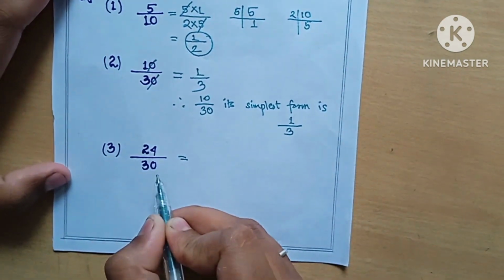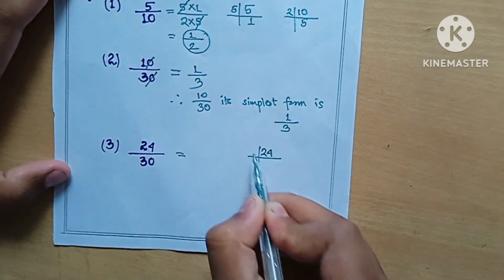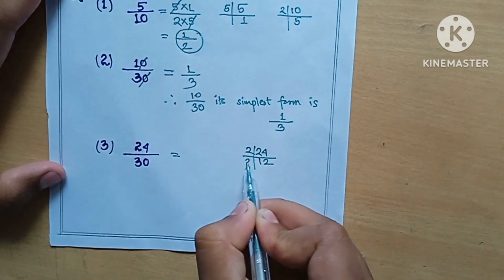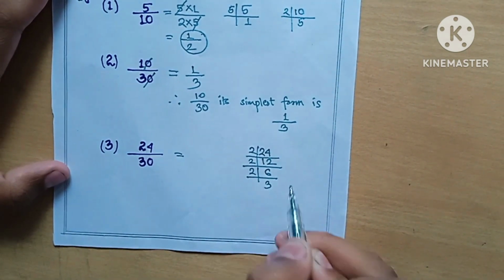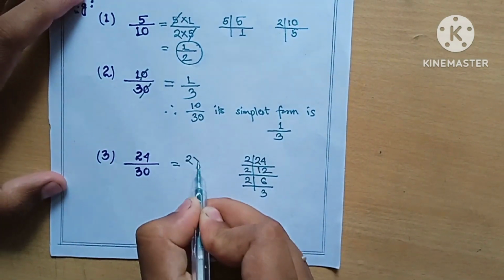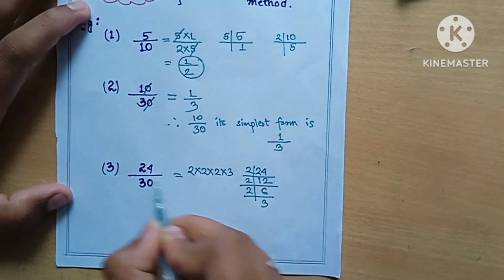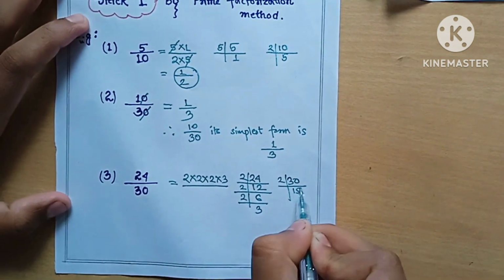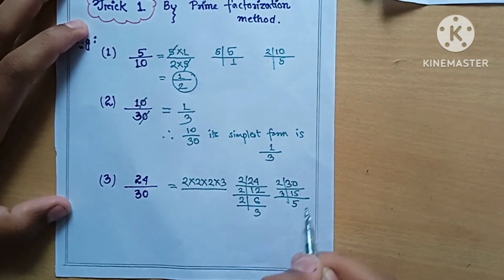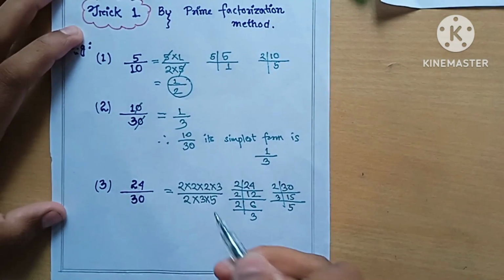Similarly, 24 by 30, we can find 24's prime factors. 2 6s are 12, 2 3s are 6. Now you can write 2 into 2 into 2 into 3, and 30 can be written as 2 into 3 into 5, since 2 15s are 30 and 3 5s are 15.